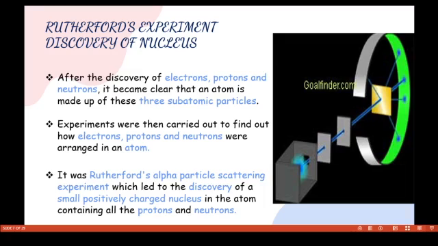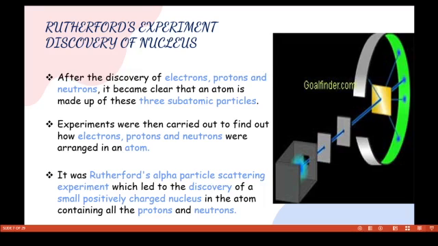And then Rutherford's experiment, the discovery of the nucleus. After the discovery of electrons, protons and neutrons, it became clear that an atom is made up of 3 subatomic particles. Experiments were then carried out to find out how electrons, protons and neutrons were arranged in an atom.